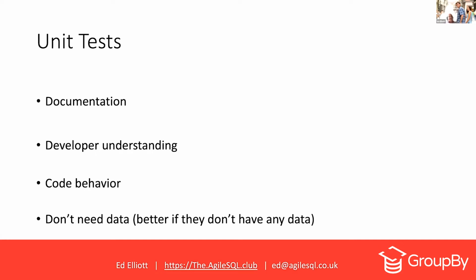But what it actually documents is the developer's understanding of the code and the developer's understanding of the requirements. So if you've got this postcode validator that checks for a certain length of characters, and you write a unit test that says the postcode length should be 9 million characters long, it's obviously wrong.